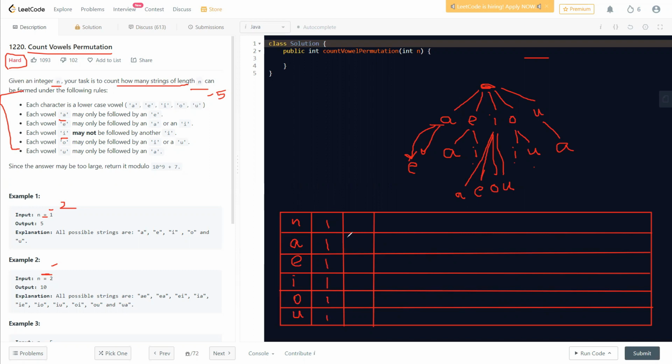But next, when n is 2, how many strings are there ending with A? If we look, it's 1, 2, and 3. So our answer is 3. Fine. In this way, we will go ahead and calculate it in our normal way.